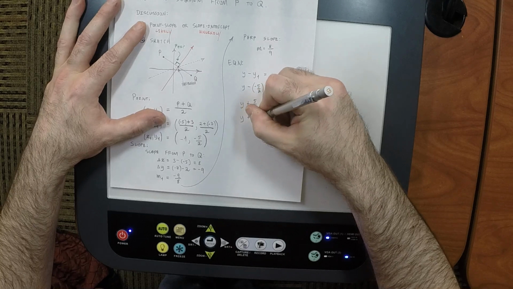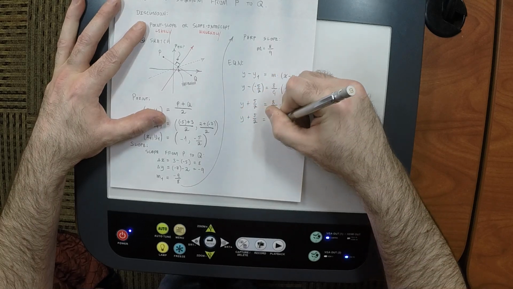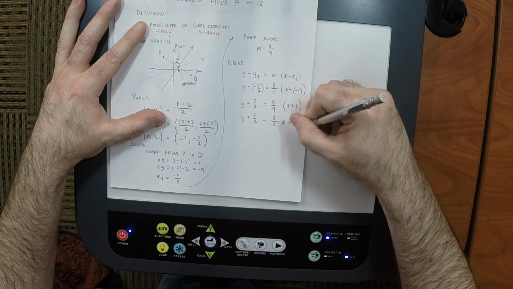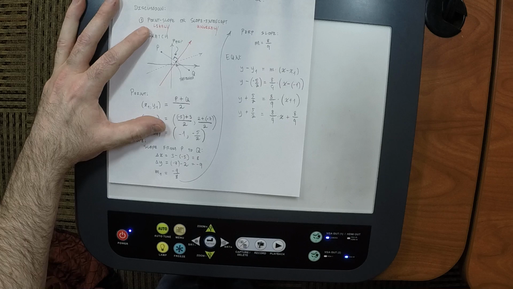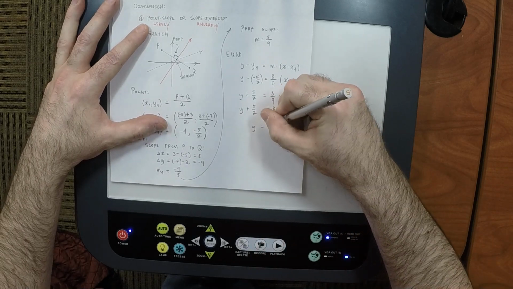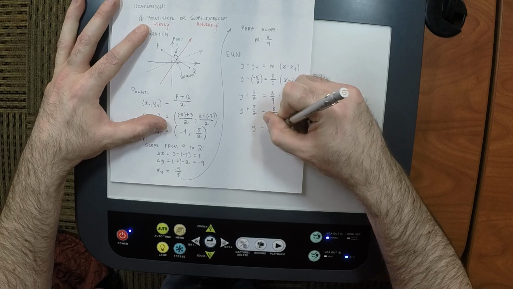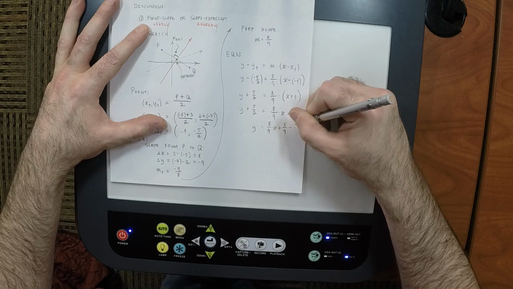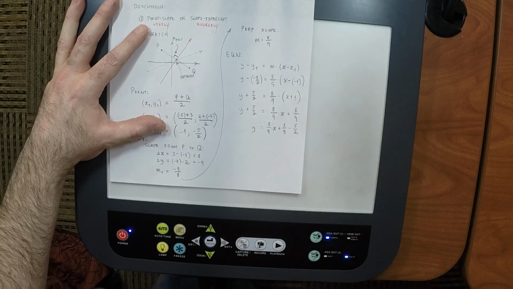So y plus 5/2 is 8/9 x plus 8/9. And then solving for y, y is 8/9 x plus 8/9 minus 5/2.